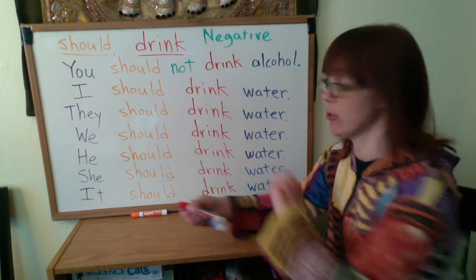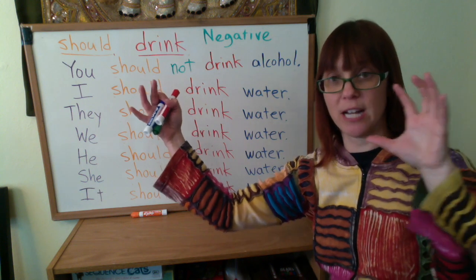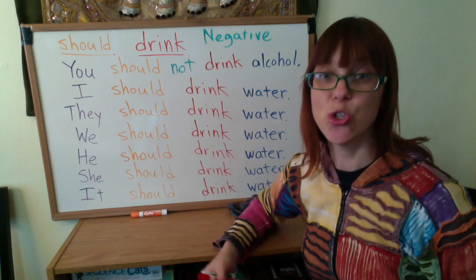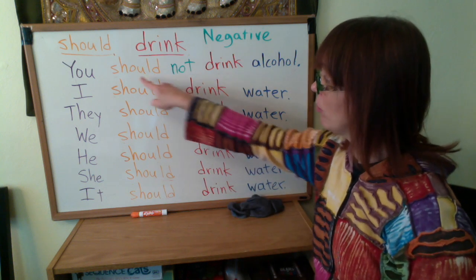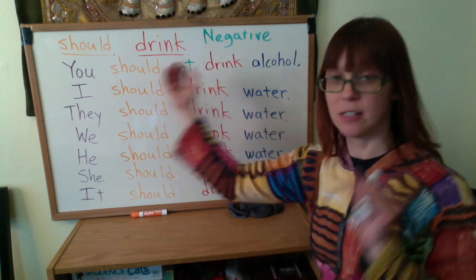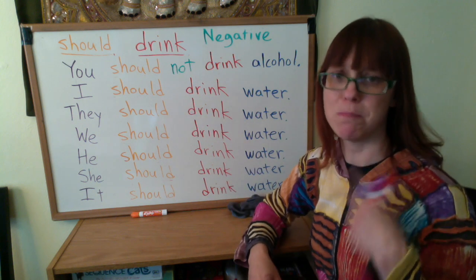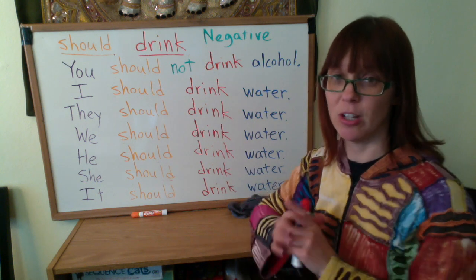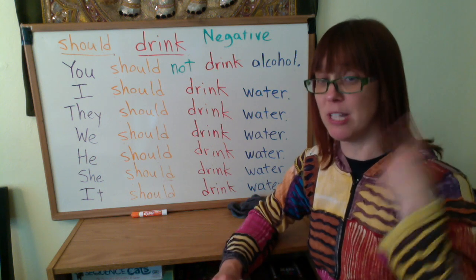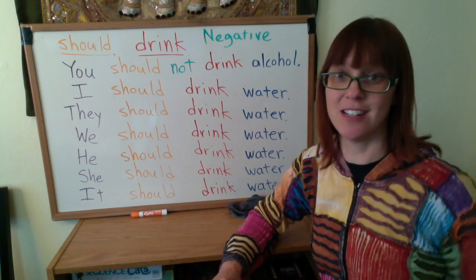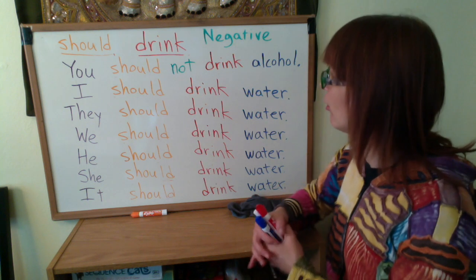I can make a contraction. You should not, I put it together, should not, shouldn't. So I can put should and not together. And that's how most people speak. You should not drink alcohol. That's okay. But if you listen to people in the United States, you shouldn't. You shouldn't drink alcohol.